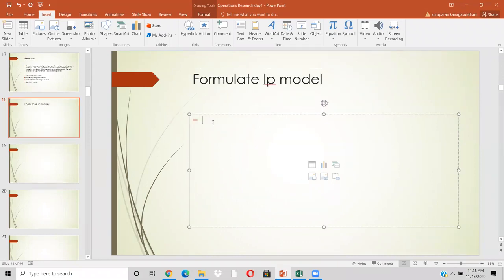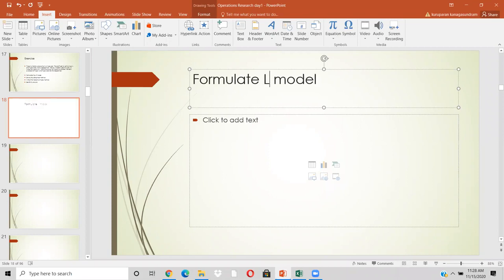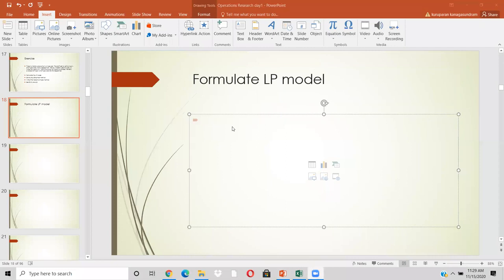What I said: to formulate an LP model, first what we have to do is find the decision variables.